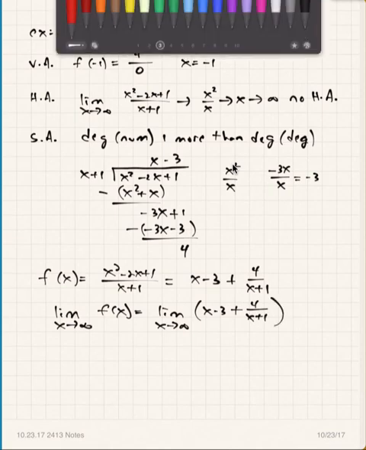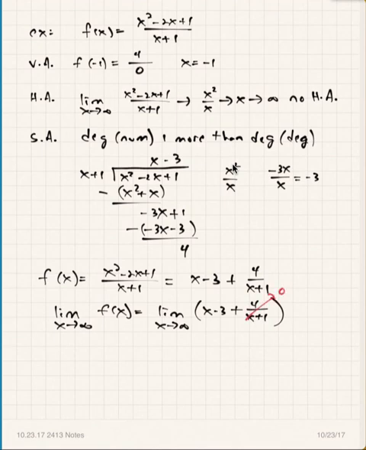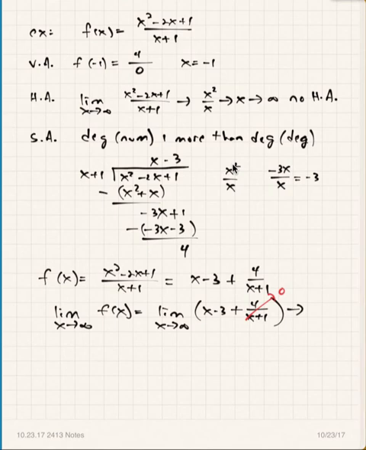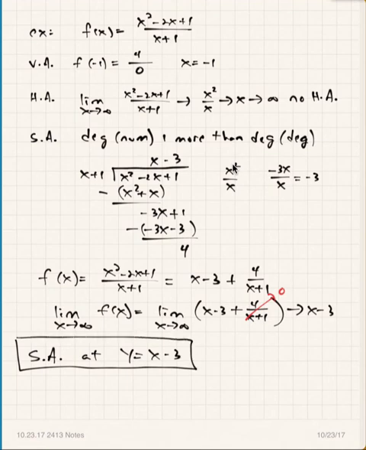That little fraction at the end goes away, and this thing is just approaching x minus 3. And so we have a slant asymptote at y equals x minus 3. We have a vertical asymptote at x equals -1. And then we have no horizontal asymptote. So we've got a nice little analysis of the asymptotes for the function.